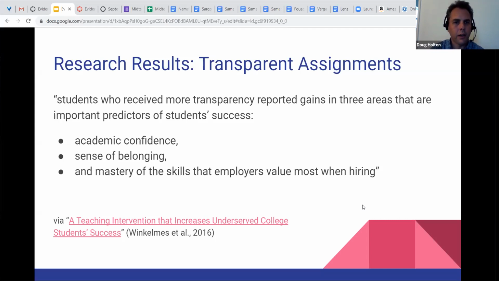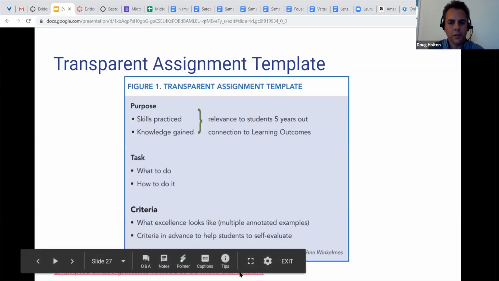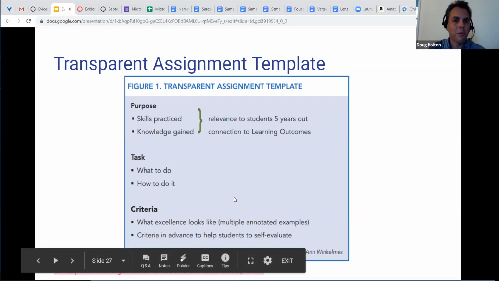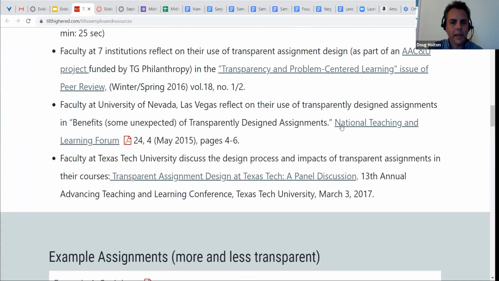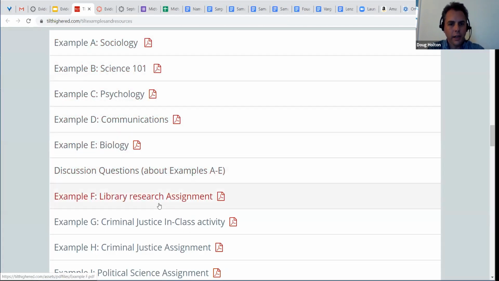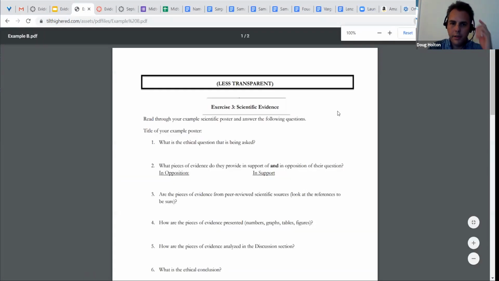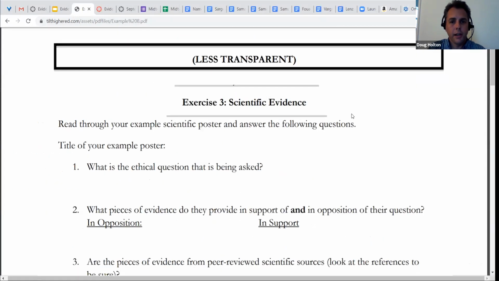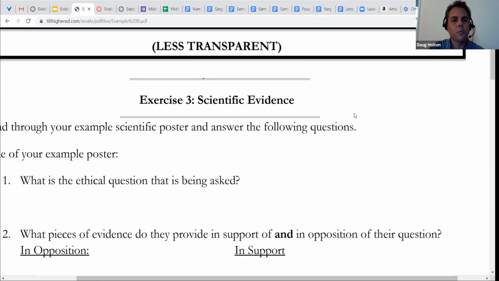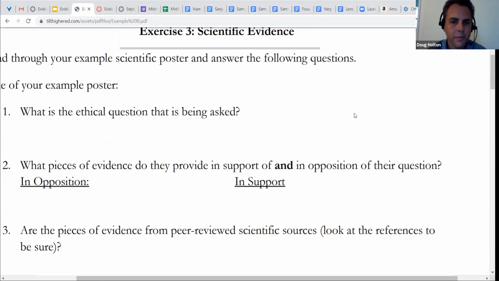I'll show one specific example, because I learn better from concrete examples myself. This is a page that has various examples in different disciplines where they took an assignment and redesigned it to be more transparent. I apologize if it's hard to read, but this is just an assignment in an intro science class where students had to analyze a scientific poster.